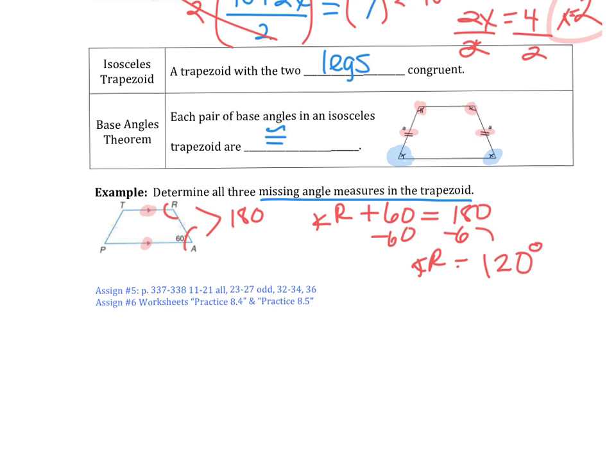All right, and because we have an isosceles trapezoid here, I also know that this other base angle is 60 degrees, and I also know that this other base angle up here, since we found that angle R was 120, we know that it is also 120 degrees, because again, on the left-hand side of that trapezoid, we also have same side interior angles, and when we're working with parallel lines, same side interior angles add up to 180 degrees. So I've got 2 60-degree angles here and then 2 120-degree angles at the top.